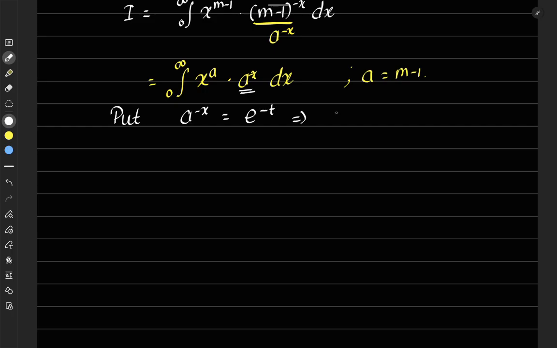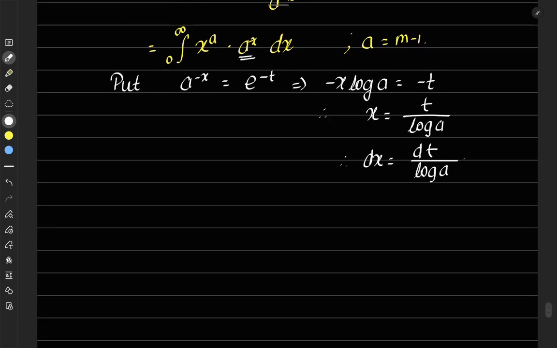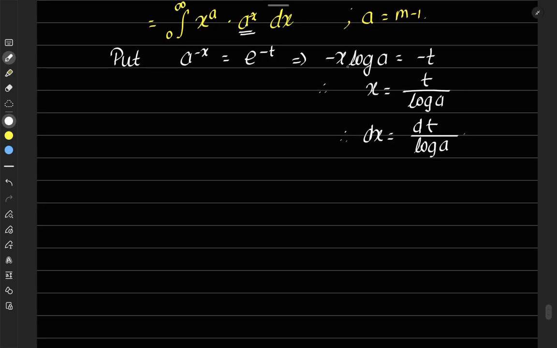By taking log, we will have minus x log a is equal to minus t, and therefore x is equal to t by log a. So therefore value of dx will be dt upon log a, because log a is a constant, and limits of the integration just a scaling by some log a value.